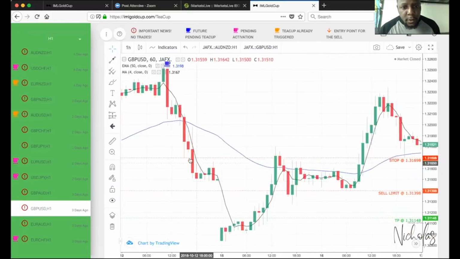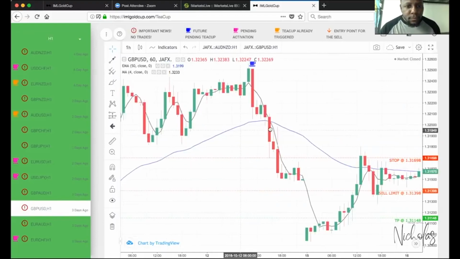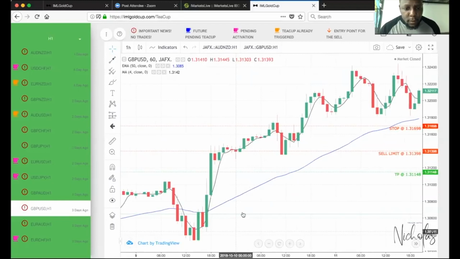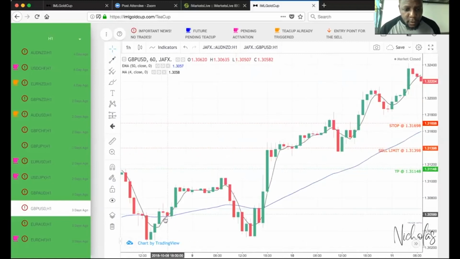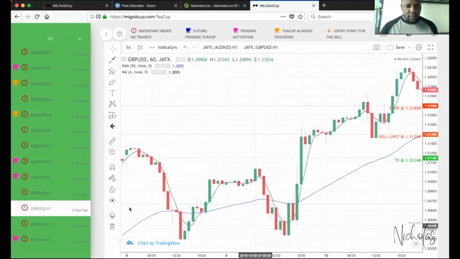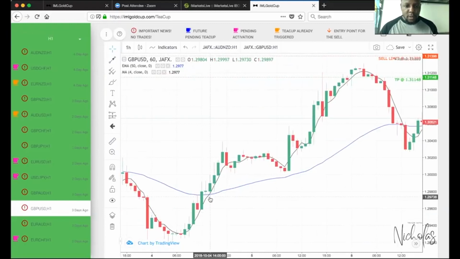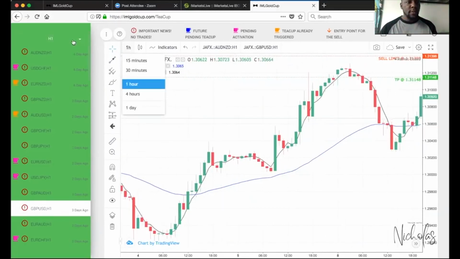All right, right here, as you can see, the 50 and the 4 moving average crossed. Price still went down a little bit, 8 pips, right? Same thing over here. So sometimes it'll cross, it'll go down a little bit. You just want to make sure you get in the right spot, especially on a larger time frame.